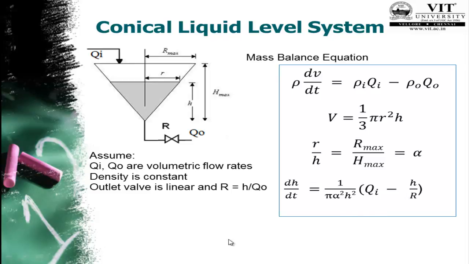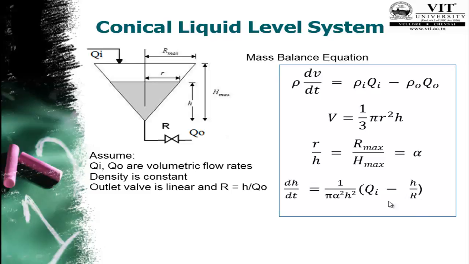Now you can observe in this, h is a variable with respect to time, and qi is also a variable. So if you are observing this ODE, I have two nonlinear terms. One is qi by h squared, another is 1 by h.